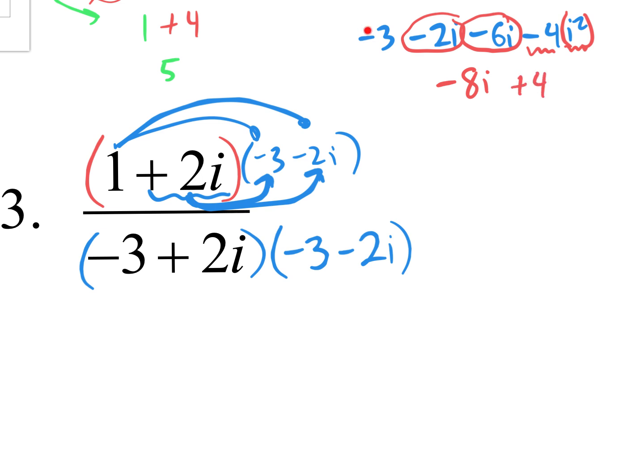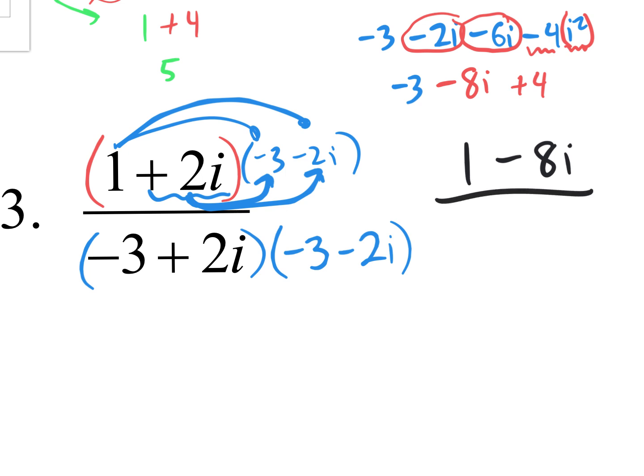What about the 3 out here? Just bring it down, and it's not a 3, it's a -3. So you have these 3 terms, and out of these 3 terms, you could combine that real number, -3, and that real number 4 to give you the real answer, positive 1, and with the -8i second. You always want the real number first and the imaginary number second.